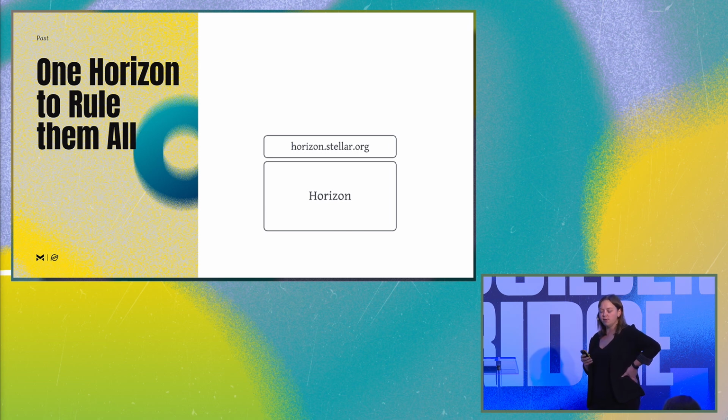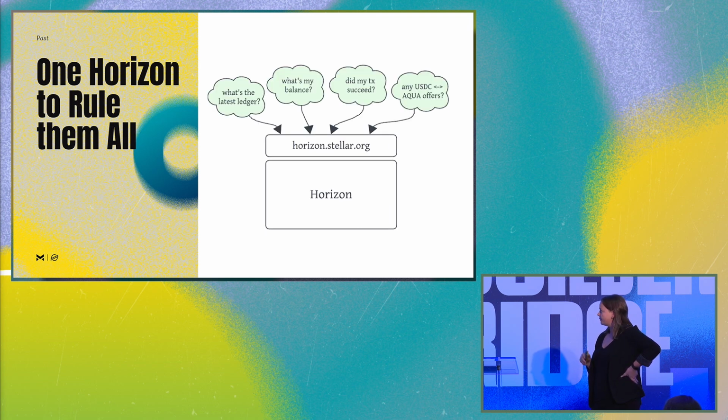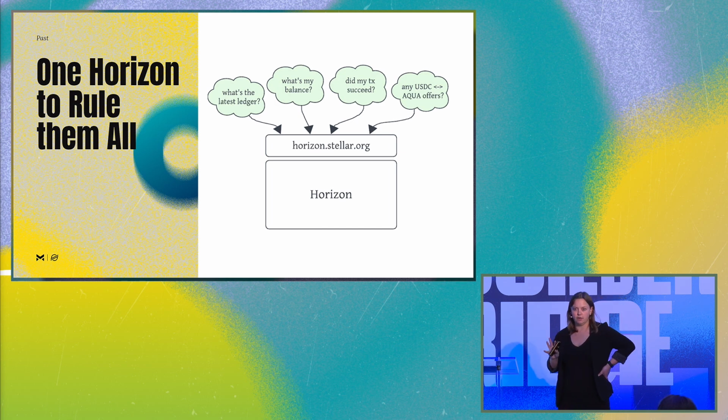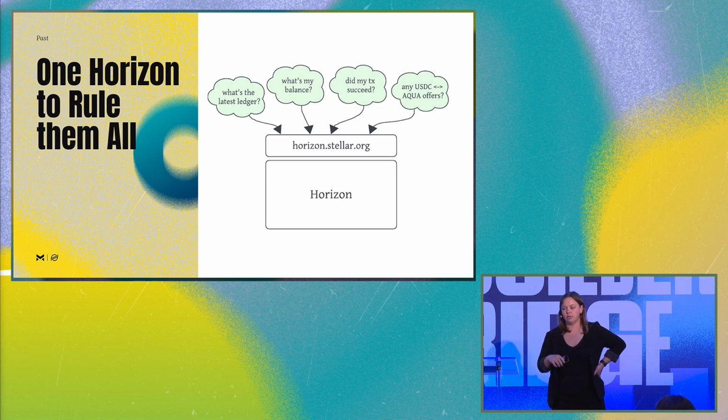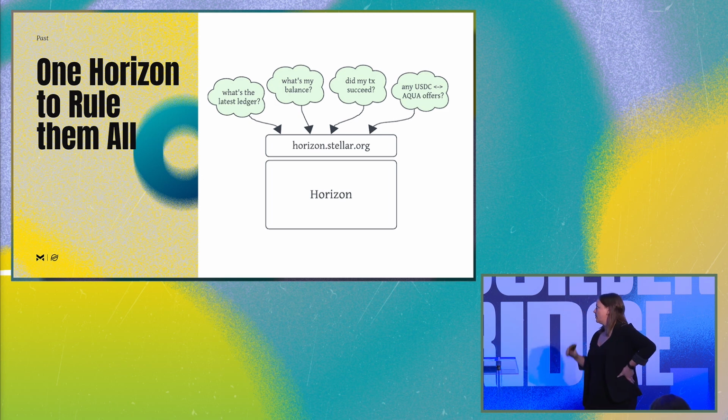This is why you probably all are very familiar with it. Horizon answers a bunch of questions for you. This first set we think of as current state questions. What's the latest ledger? What's my balance? Did my transaction succeed?